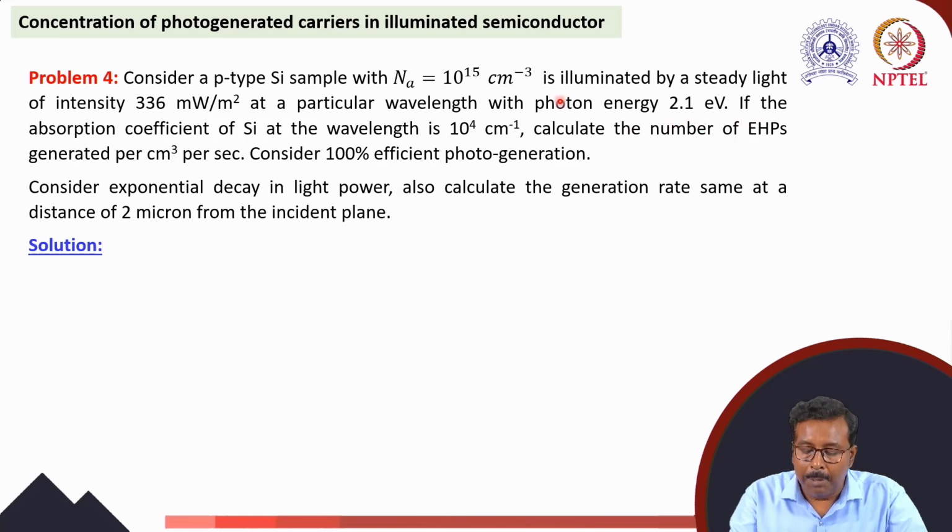If the absorption coefficient of silicon at that wavelength is 10 to the power 4 centimeter inverse, calculate the number of EHPs generated per centimeter cube per second. Consider 100% efficient photogeneration.